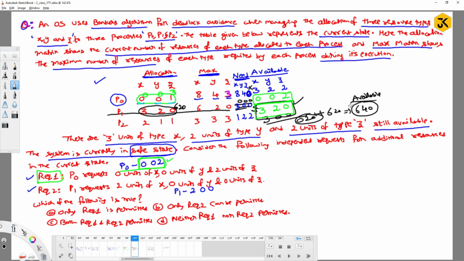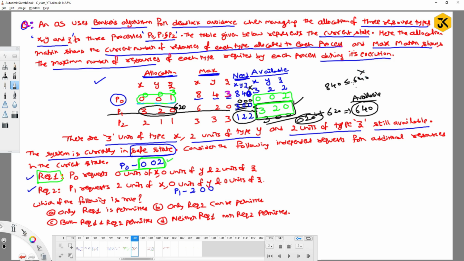Now with respect to 640, just think which can satisfy any other request. Try to check. Is 840 less than or equal to 640? Condition failed. It couldn't be possible.